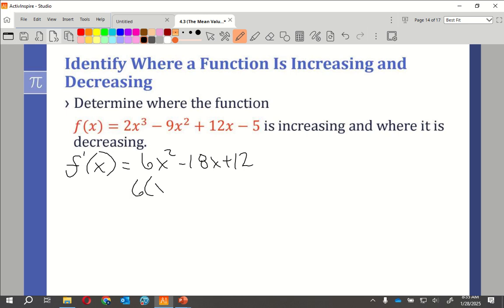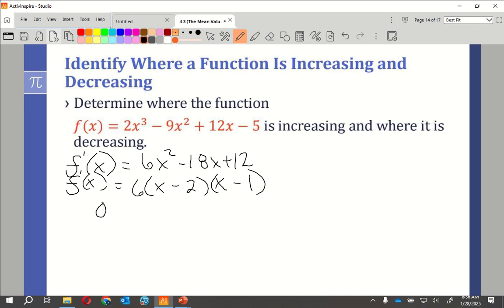I'm left with x squared minus 3x plus 2, divided by 6.